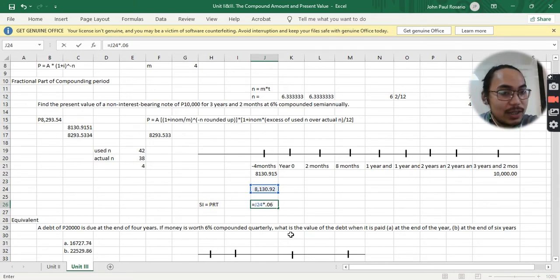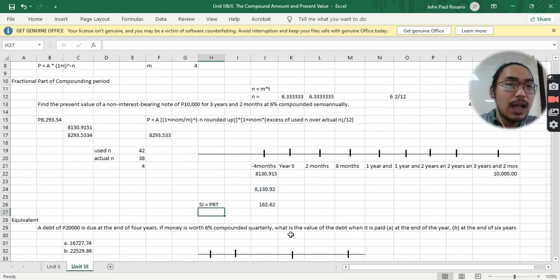Nag-compounding ta for 7 periods, and then after we solve using the compound amount formula, we then use the simple interest formula for the fractional time. This time, katong excess nga ni-atras ta. Okay, what we are solving for is the interest for the number of months nga nasubra ta og atras. So 0.06 times, how many months did we exceed? 4 months over 12. So this is now your simple interest.